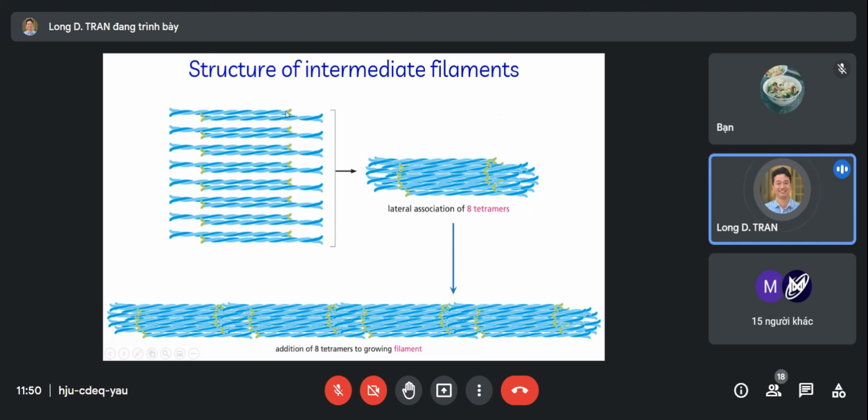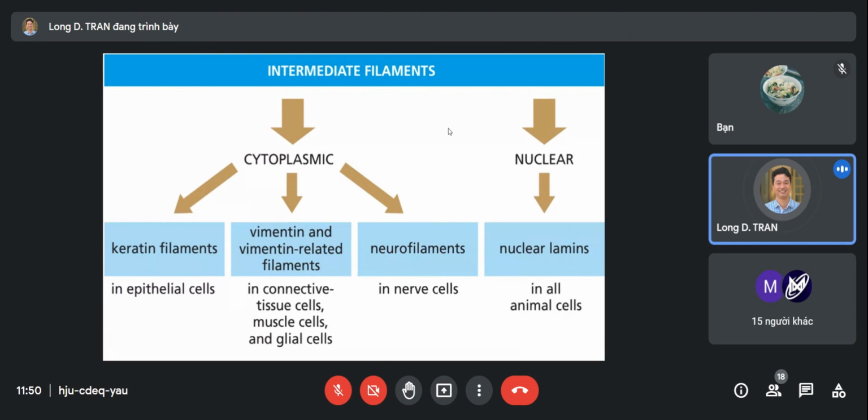Some other models suggest that each tetramer will interact at the end to form a protofilament, and 8 protofilaments will form one intermediate filament. We actually don't know which one is correct, because intermediate filaments have only started to get attention in recent years, and we don't know much about them.